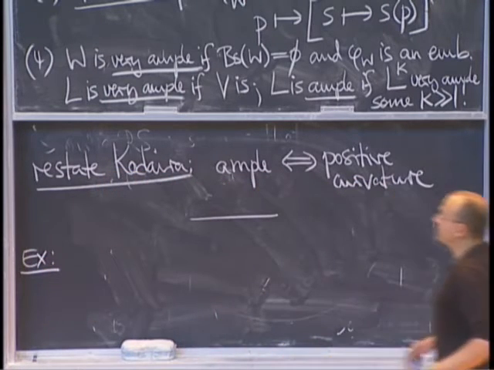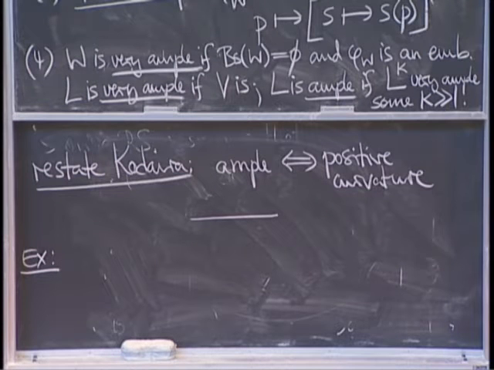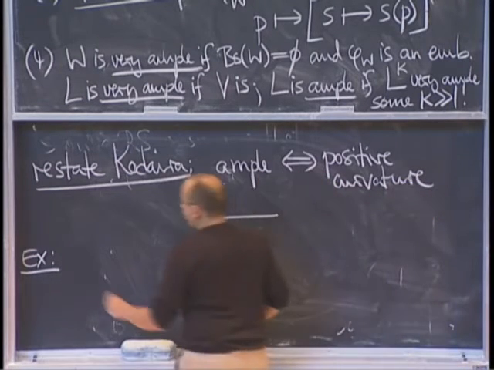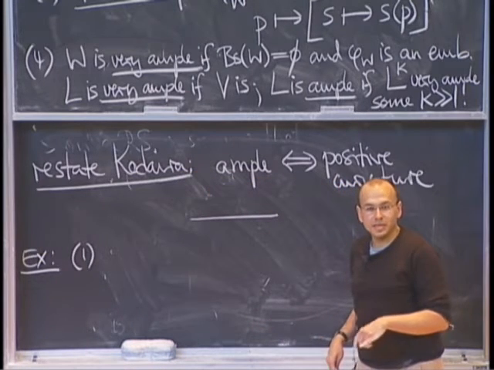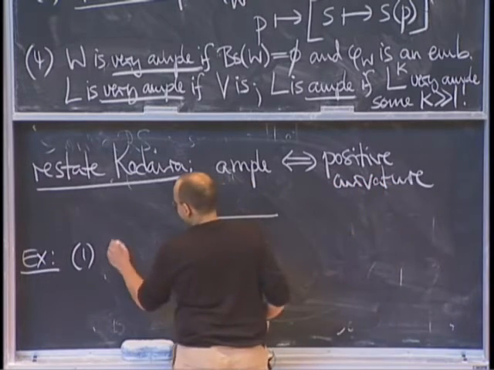I'm going to give you a couple of examples, just to get more familiar with this terminology. The line bundles O(k) on projective space P^n are all very ample if k is positive.